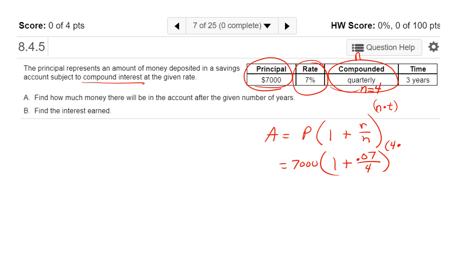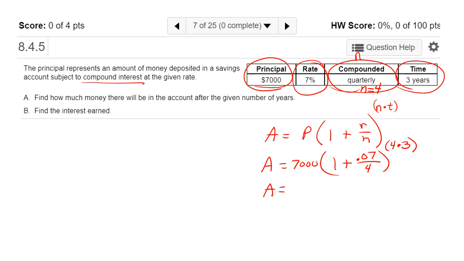Last but not least would be the time. The time is given as 3, and that is in years, so there's no need for us to transfer that into years. It's already 3 years. Now this can be put into your calculator and simplified a bit.